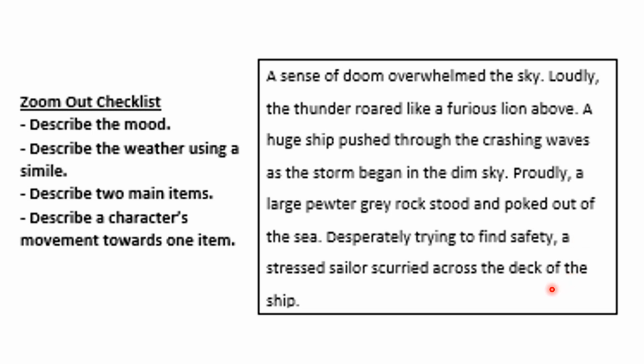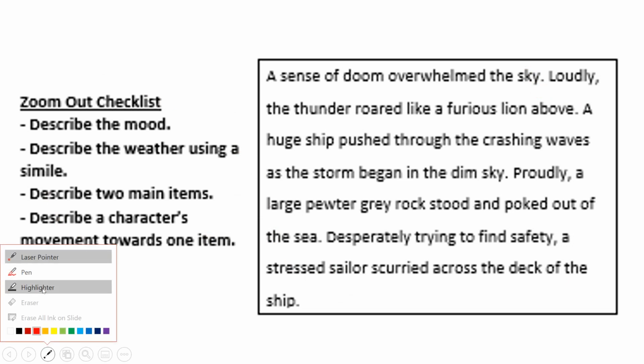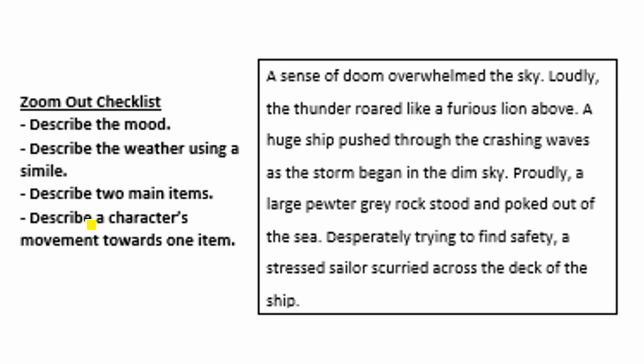Okay, what I would like you to do now is pause the video, go to the Word document and use the highlighter to match up each item in the checklist to the model paragraph. So let's just do the first one together. Let me grab a highlighter. So the first item in the checklist is to describe the mood.